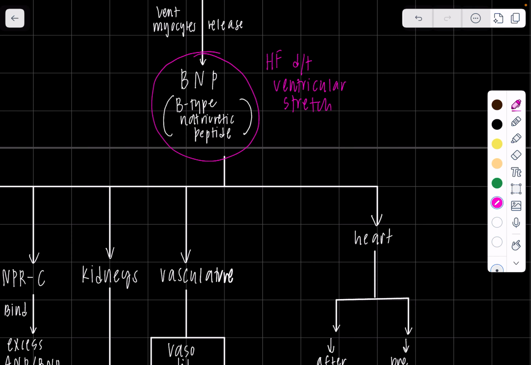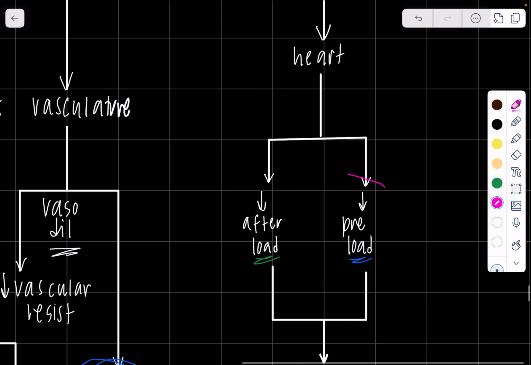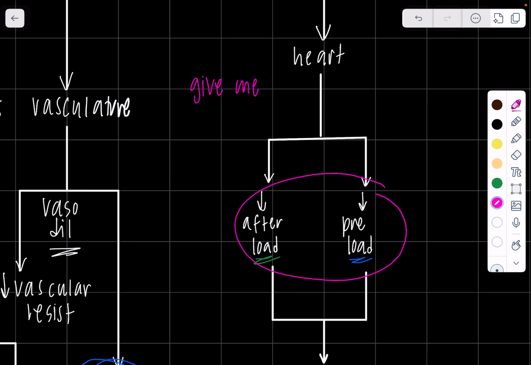And so when we have that, we can treat it. I guess the site of action would be right here. This is where we give medications that would mimic BNP.